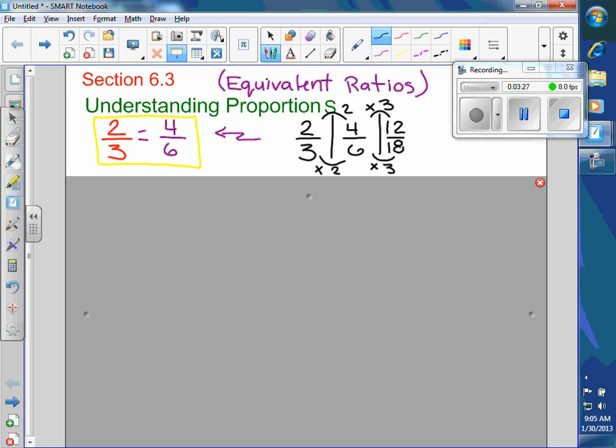So what we could say is 2/3 and 12/18 form a proportion. Okay? So you can use all of your old skills just with the new vocabulary word. So we're going to look at the vocab.